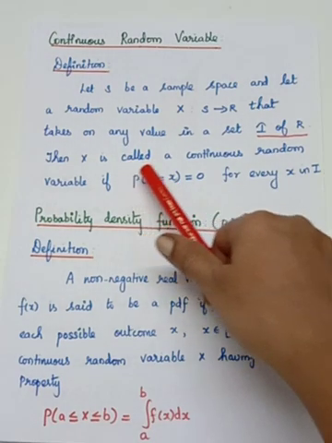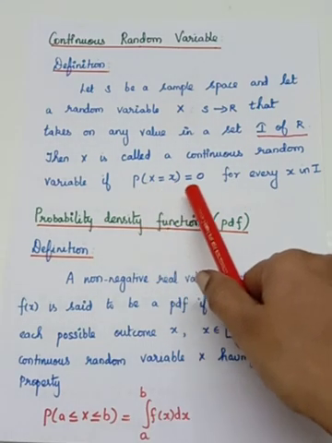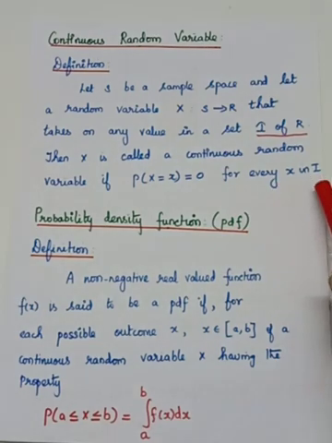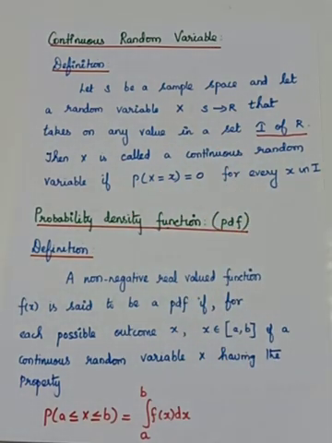Then X is called a continuous random variable if the probability of X equal to x is equal to 0 for any x in I. I will explain this result on the next page. So a continuous random variable takes values within the given interval.